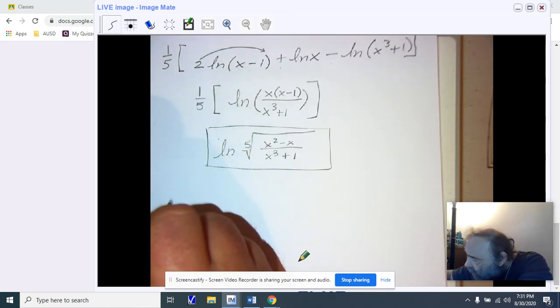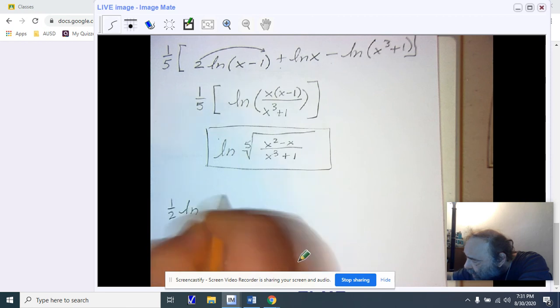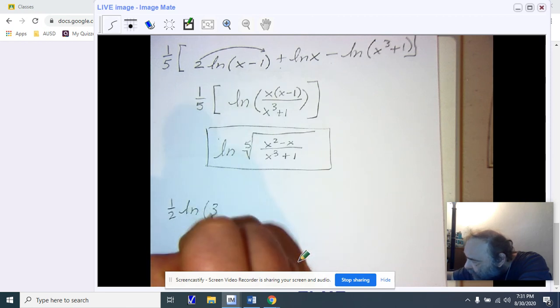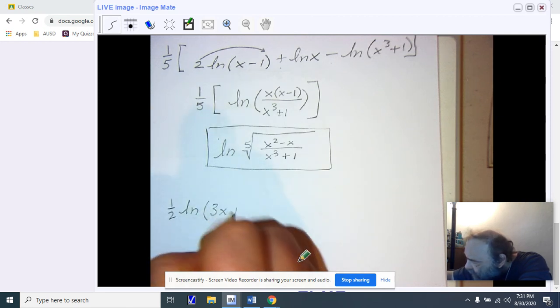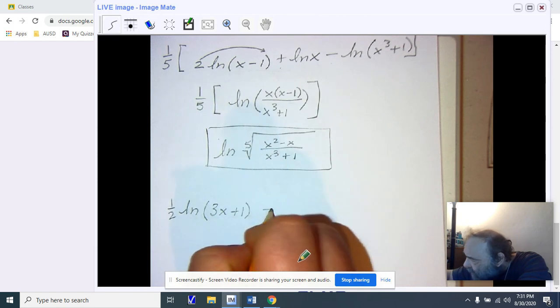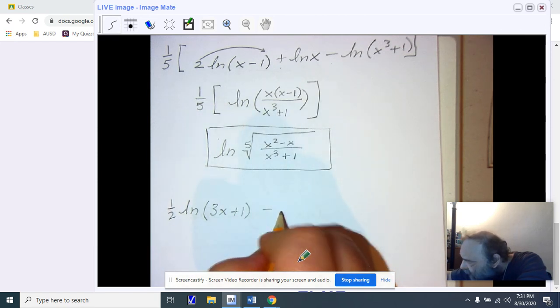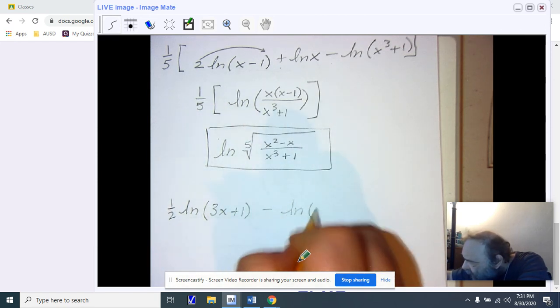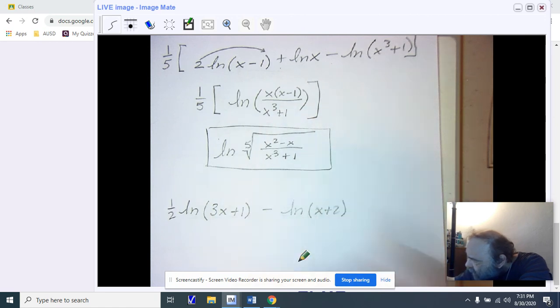Let's do 1/2 the natural log of 3x plus 1 minus the natural log of x plus 2.